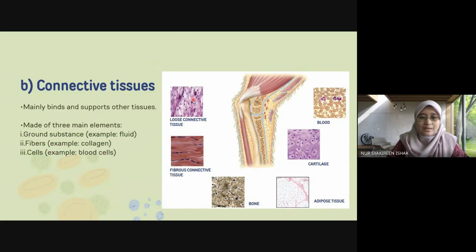These are the different types of connective tissue: loose connective tissue, fibrous connective tissue, bone, adipose tissue, which stores fats, cartilage, and blood.